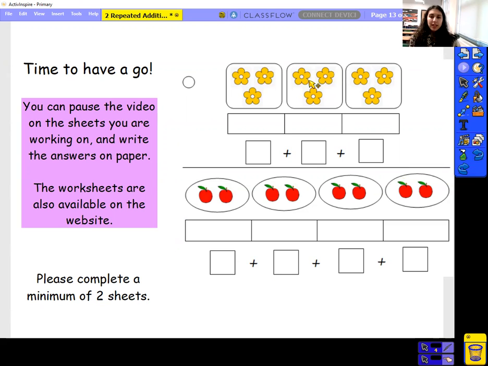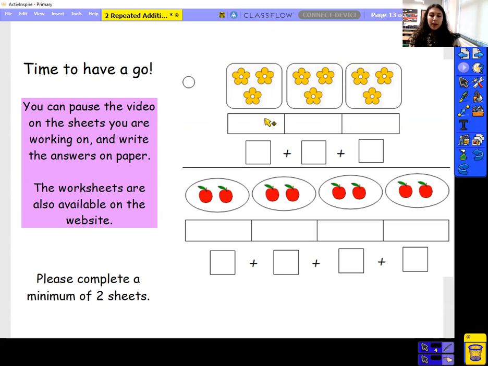I've got a representation here showing me a number of groups. So you can see that I've got 1 group, 2 groups, 3 groups, and inside that group I have got 1 flower, 2 flowers, 3 flowers. So I've got 1 group of 3, 2 groups of 3, 3 groups of 3. So if I follow my success criteria, I might say that I've got 3 and 3 and 3.